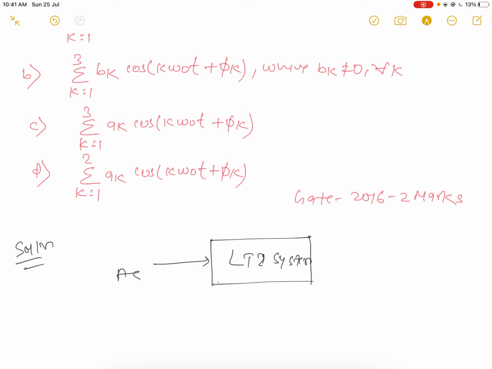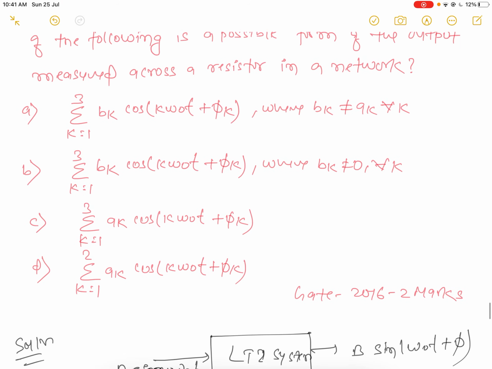When you take a sin omega naught t, then the output will be another magnitude b sin(omega naught t plus phi). This means when you apply any sinusoidal signal to an LTI system, you will get the same sinusoidal signal at the output, but with different magnitude and different phase. Okay, check the options.